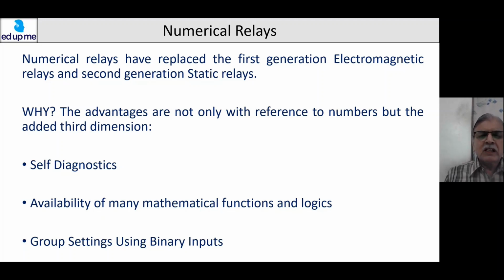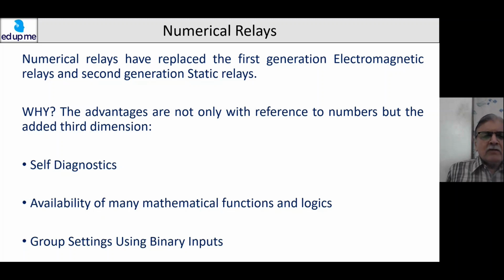All these mathematical functions are quite possible. You can have many logic functions also, OR logic, AND logic, NAND logic, NOR logic. These logics, which are required for different interlocks in power system applications, are quite possible using numerical relays.